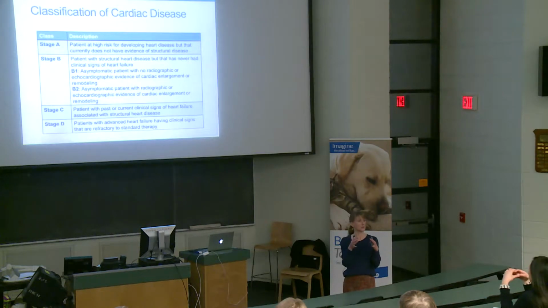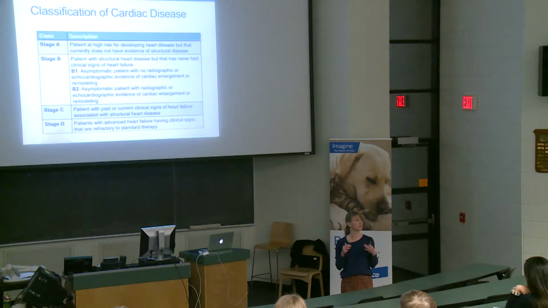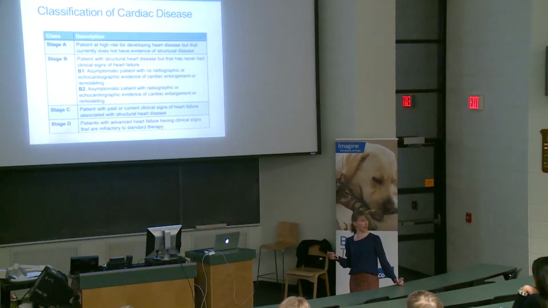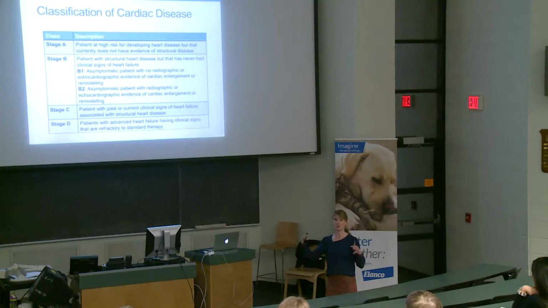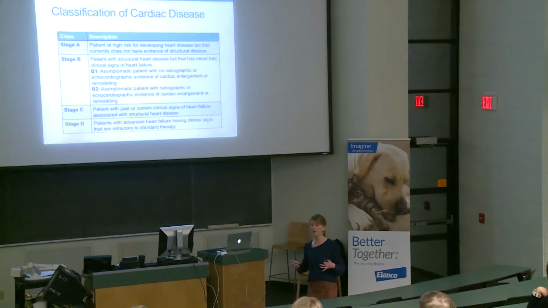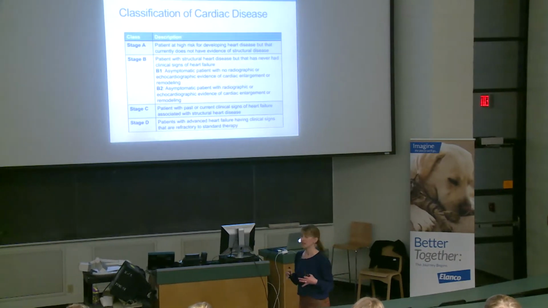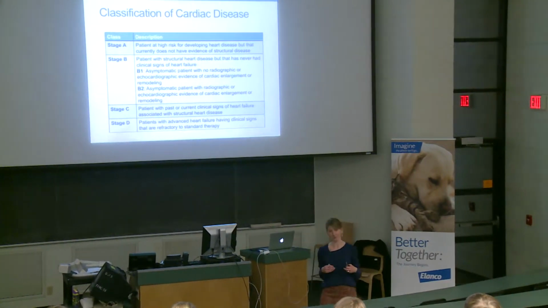They don't have the volume overload yet, but obviously you're appreciating something on physical, a murmur, a gallop, an arrhythmia, something to tell us that there's heart disease there. Versus stage B2, where now we do have gross evidence of heart enlargement, usually radiographically for most of us, in conjunction with this disease. Yet the patient is still asymptomatic.